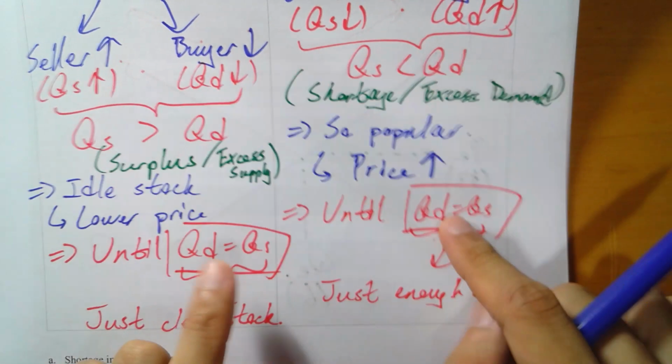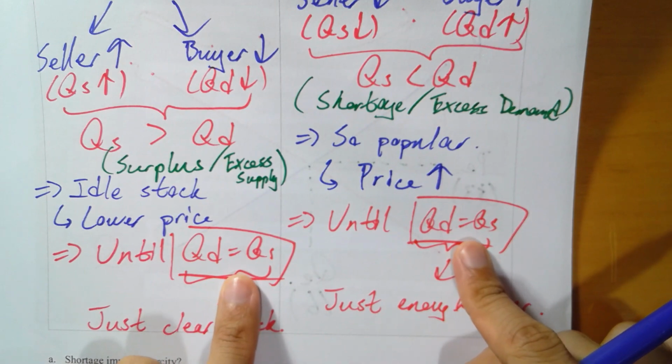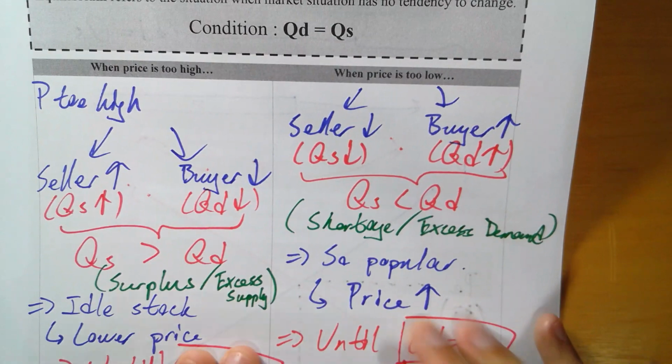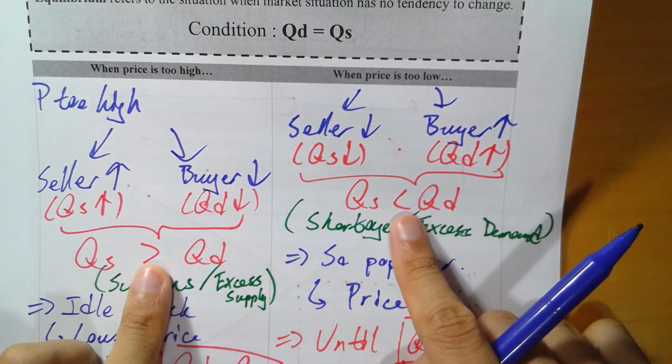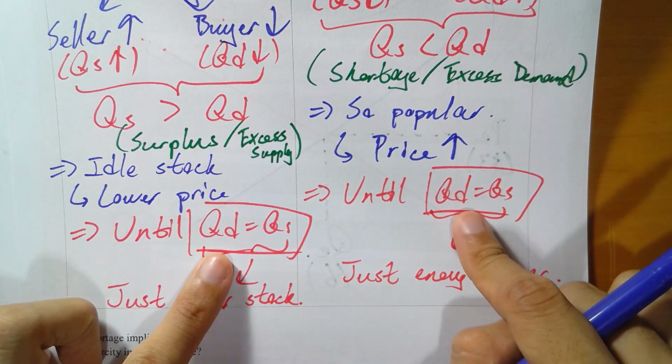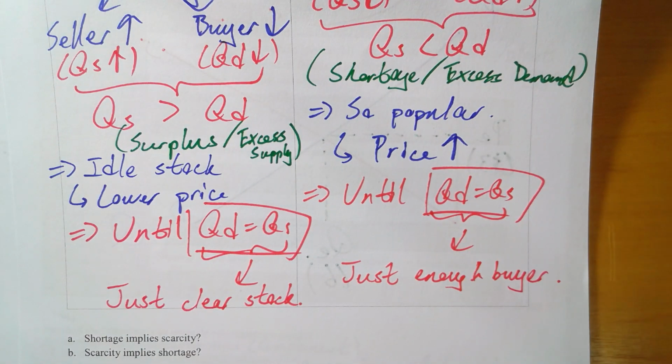It is only until you reach this point that you see you don't want to change anything. If you're not at this point, you want to change, right? So, this is the logic behind it.